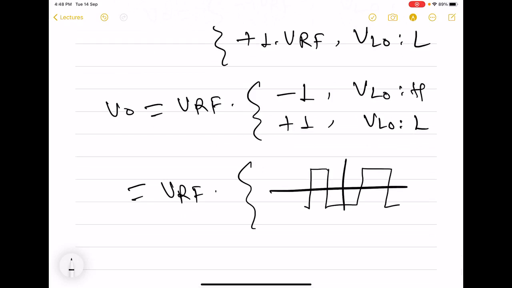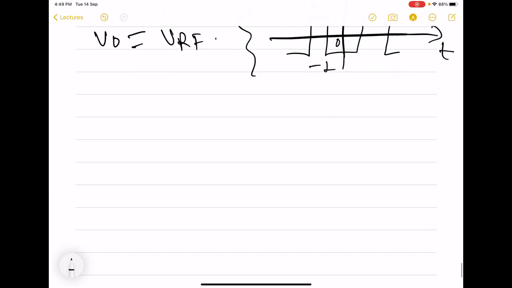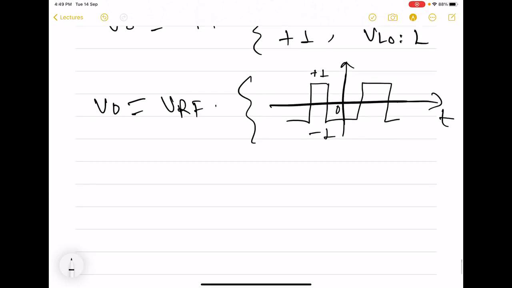So keep in mind that we had considered VLO to be high at t equal to 0. So here we see that it is getting multiplied by minus 1 at that moment.